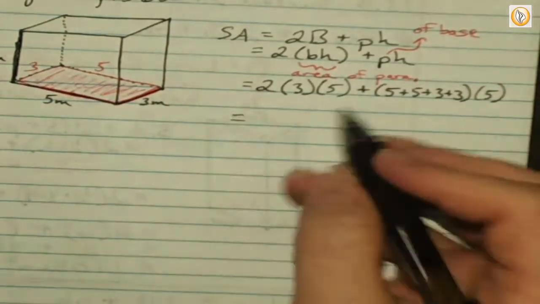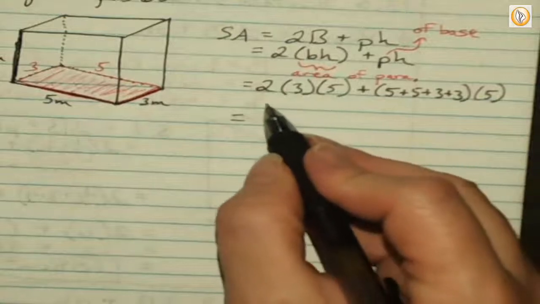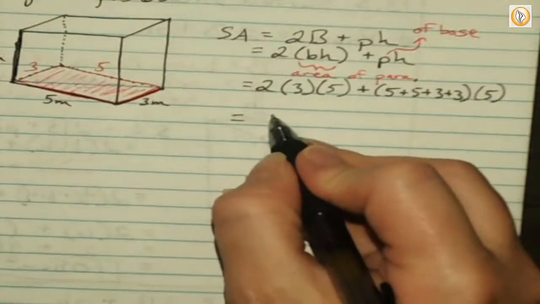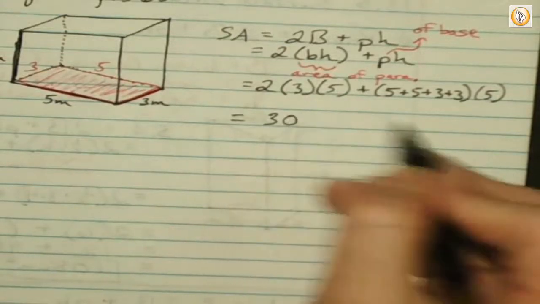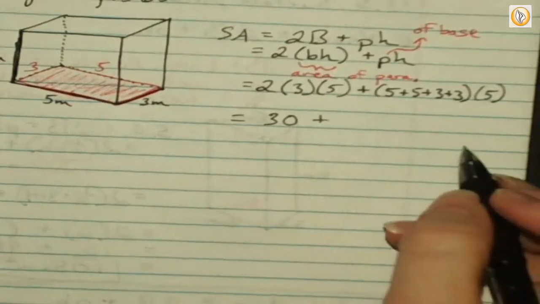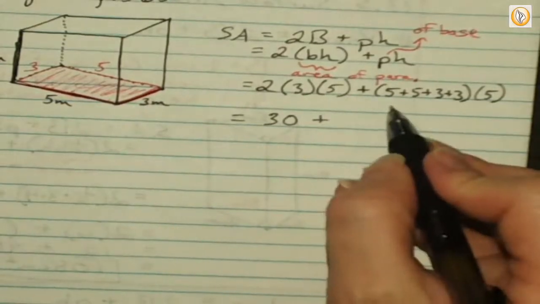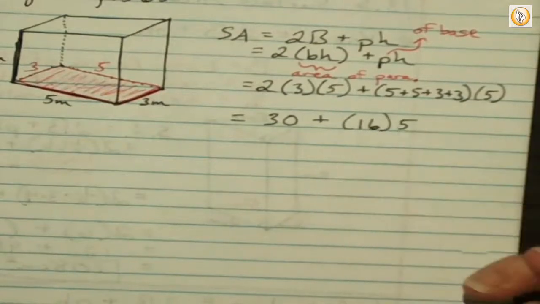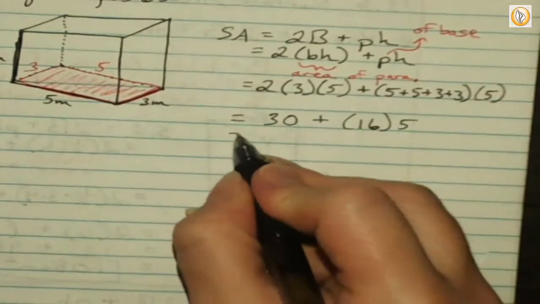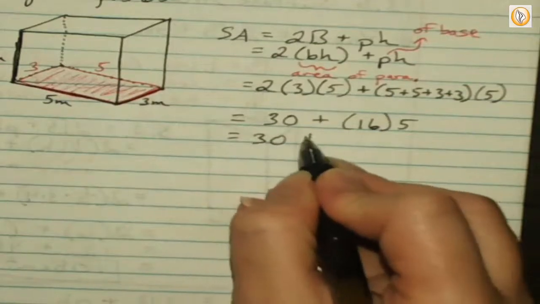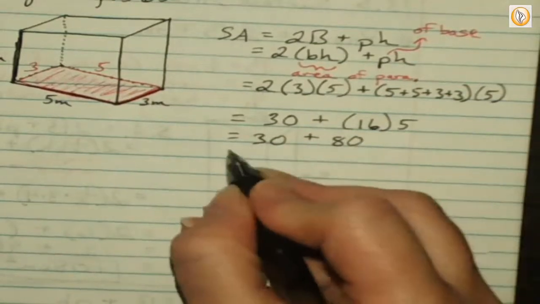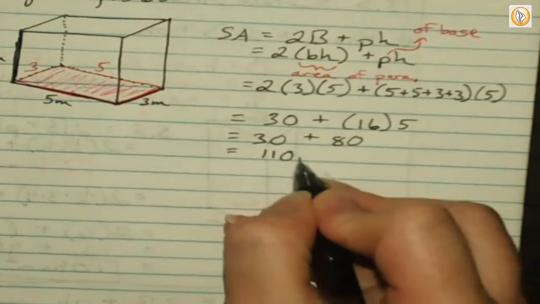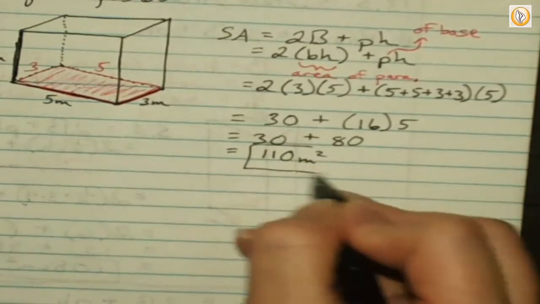Okay, so then with your calculators, you can figure that out. This is going to be 30 plus 16 times 5, which is 80, which is 110 meters squared.